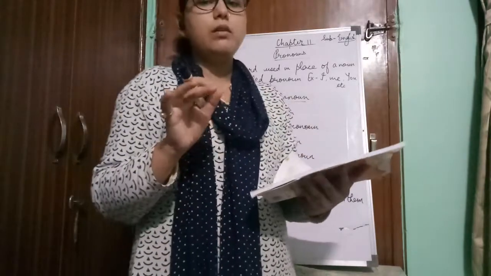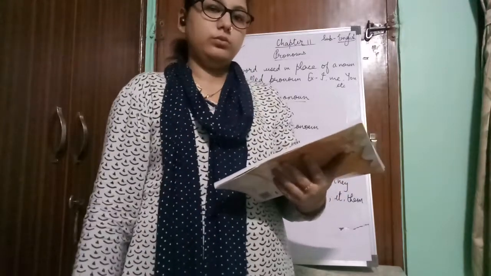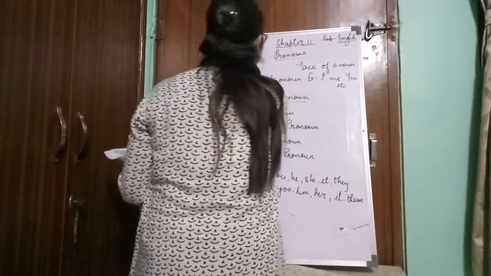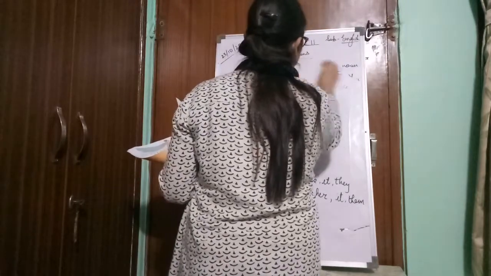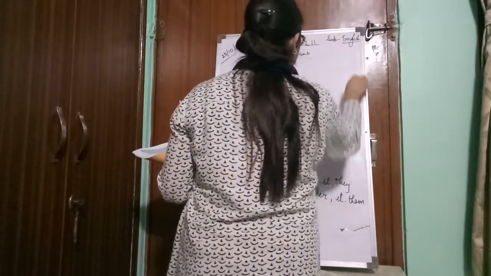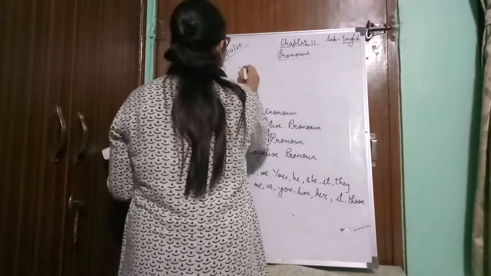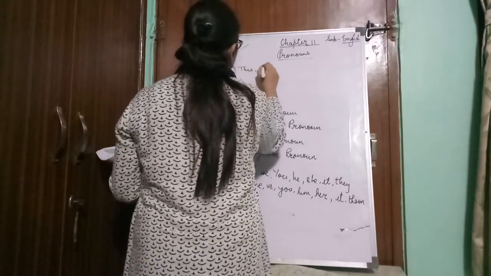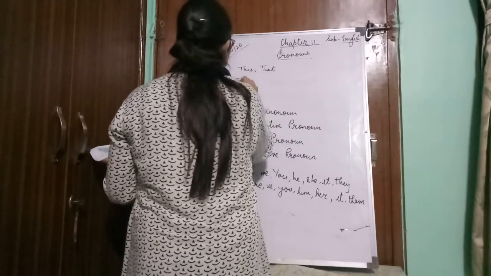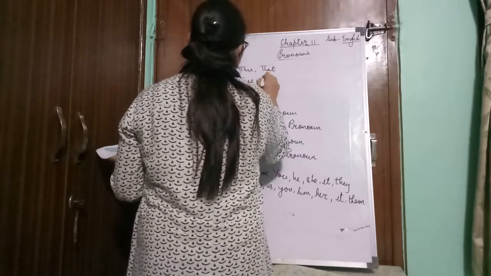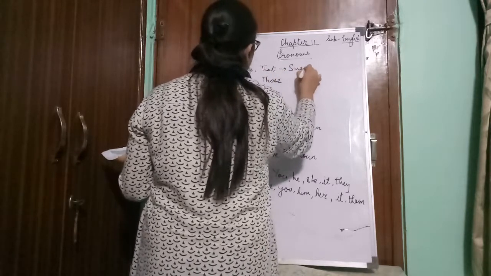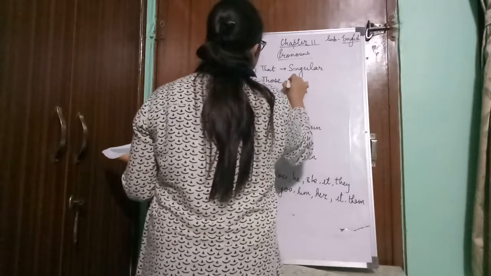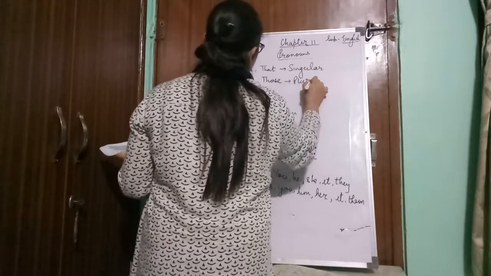Now the demonstrative pronoun, which is used to point out any noun. So this, these, that and those, they are demonstrative pronouns. This and that are used for singular, and these and those are used for plural.